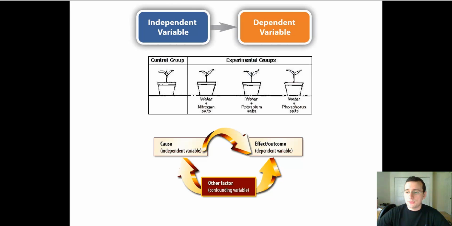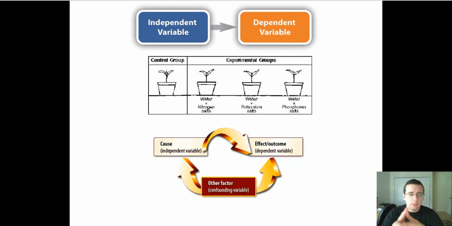The control group is also important because if you change the independent variable without comparing it with a group where you don't do it, then you can't be sure that what you saw was because of what you did. We talked about, for example, this thing that's on the screen here.